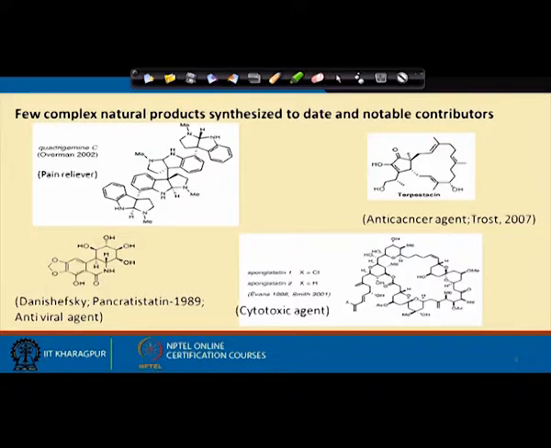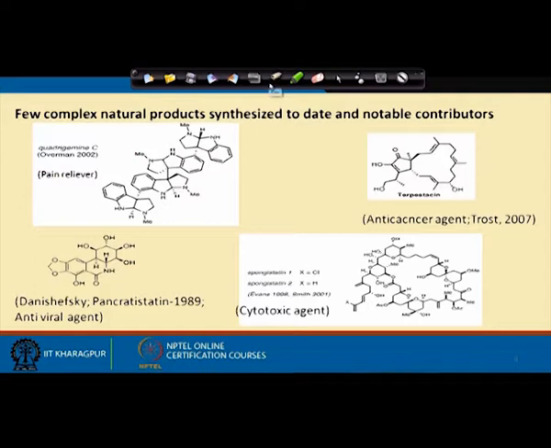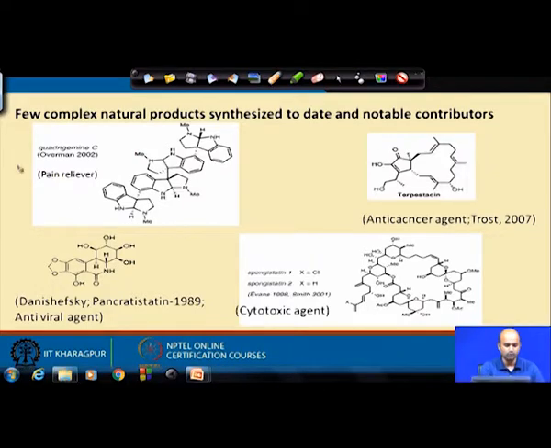We will try to highlight a couple of complex organic molecules which have been synthesized till today, and if you see their structures, they are basically mind boggling. Let us say, for instance, this molecule which was synthesized in 2002, quadrigemine C. It is used as a pain reliever.